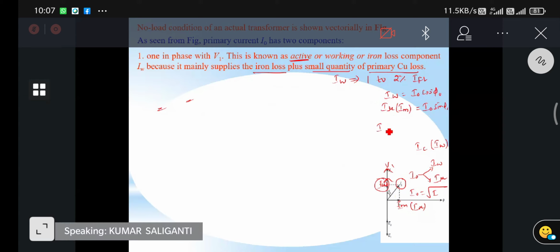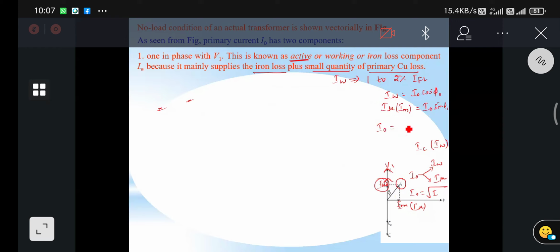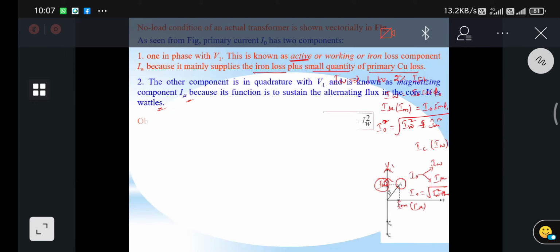As you know, I naught square is equal to Iw square plus Im square. So I naught is equal to the square root of that. Obviously I naught is the vector sum of Iw and Im.